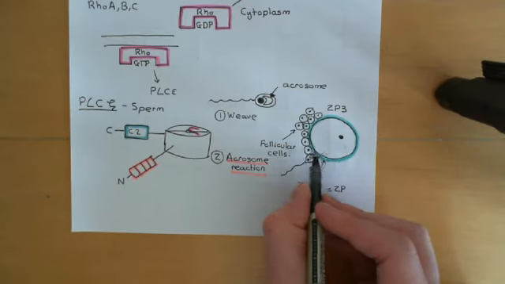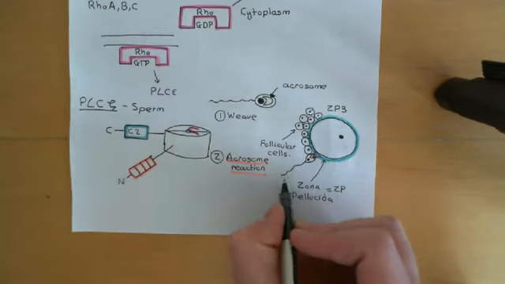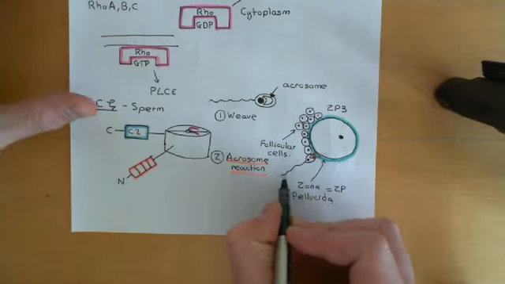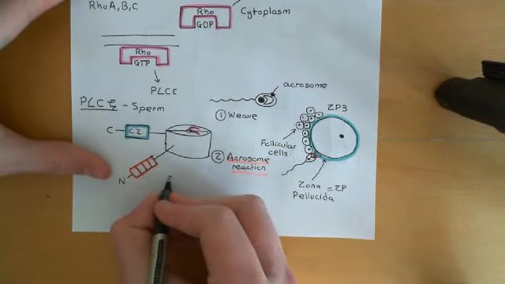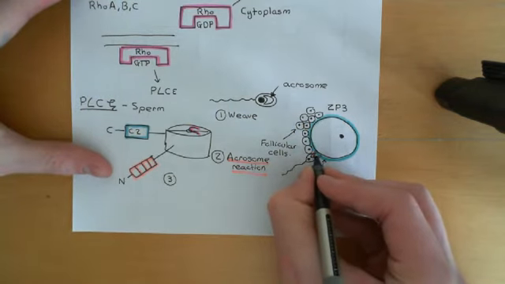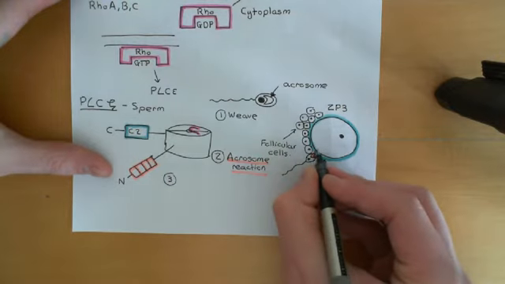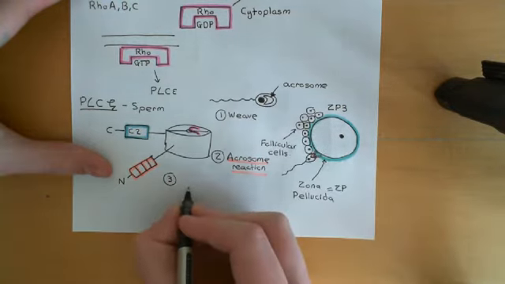Okay, and this will break down the zona pellucida basically, and then what can happen is through the sperm whipping its tail, so through the whiplash action of the sperm's tail, it can squash its way through the sides of this hole that it's created and get down to the egg cell, and then the sperm cell membrane will fuse with the egg cell membrane.